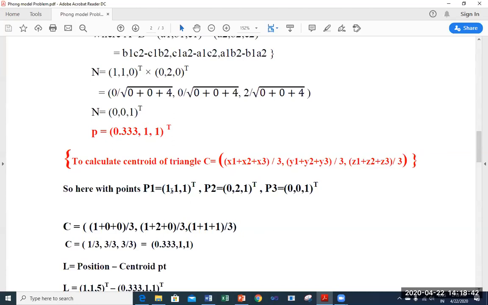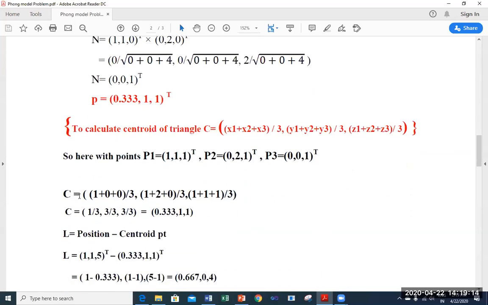So with respect to your x1 x2 x3 points, with respect to P1, P2, P3, we are going to calculate. You will get the centroid of the triangle point 0.33 comma 1 comma 1, right?